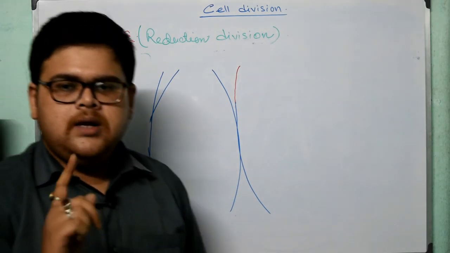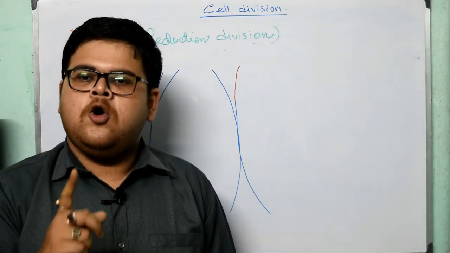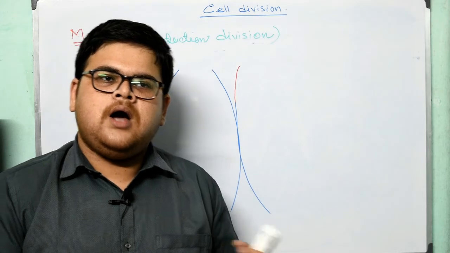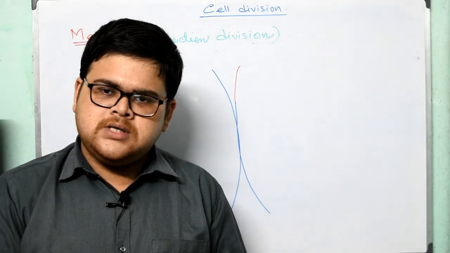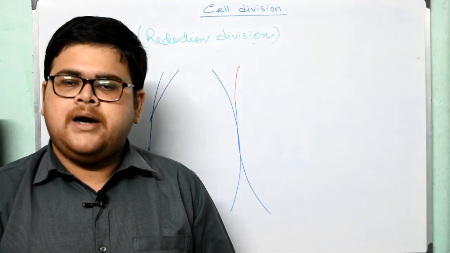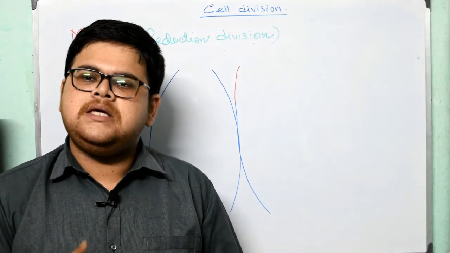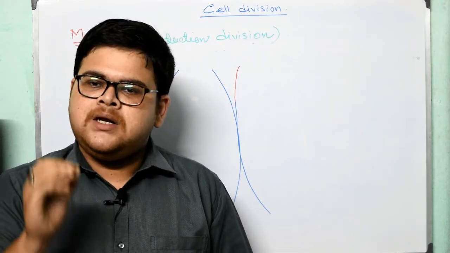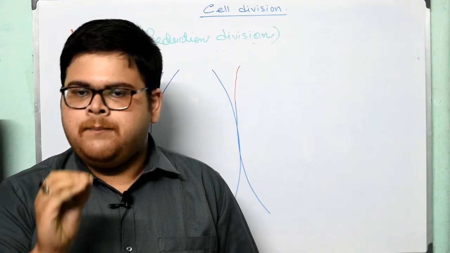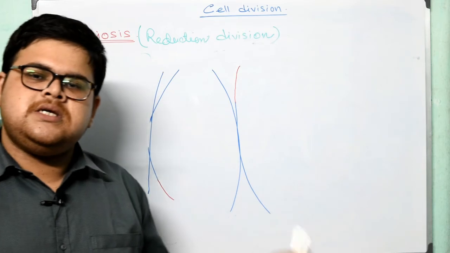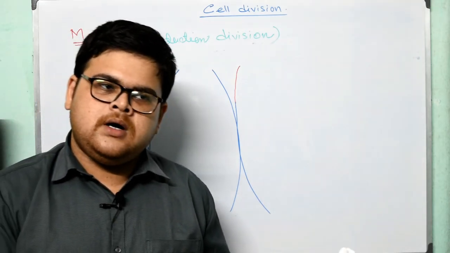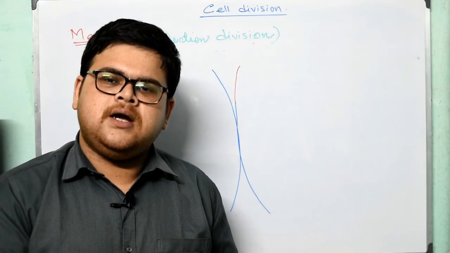Your uncle and your father both are from your single grandparent, but yet they differ from each other a lot. There may be resemblance, but yet they differ. This is due to these genes coming together during mitotic division.